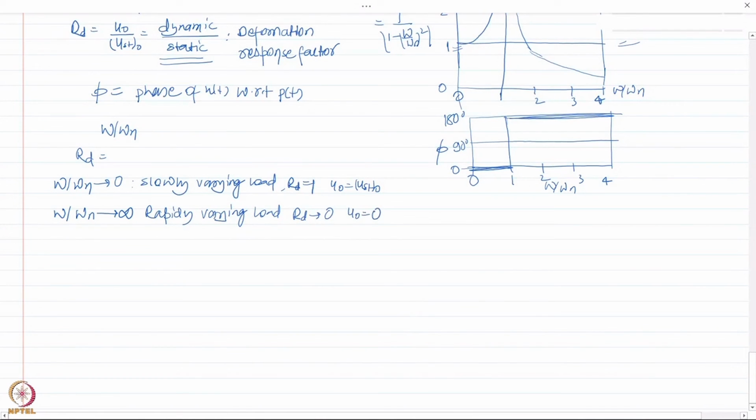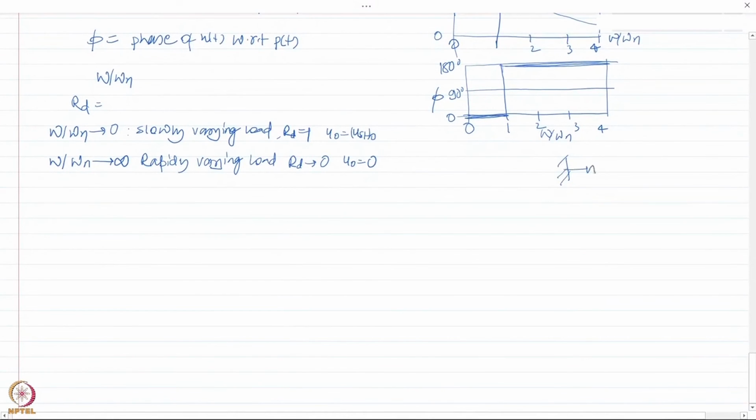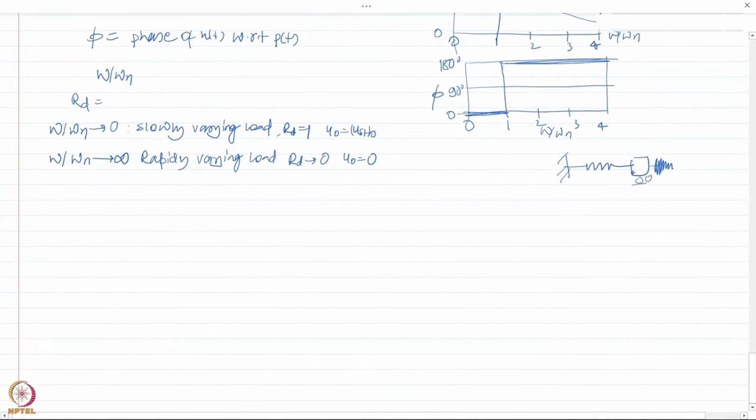It implies that for a rapidly varying force, you do not see any response in the system. If you try to imagine this, basically what do you have? A system on which you're applying a very fast moving load. The system would not even actually respond to this. That is what it means. The displacement would be equal to 0.